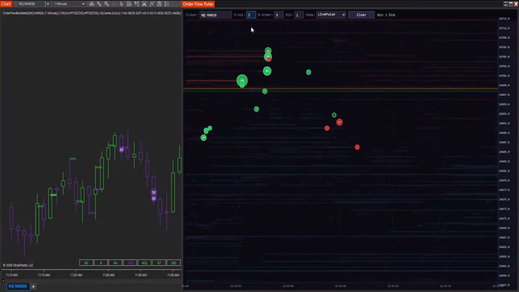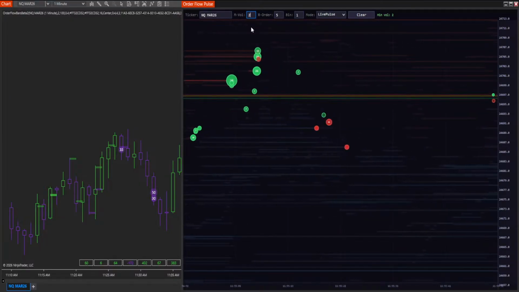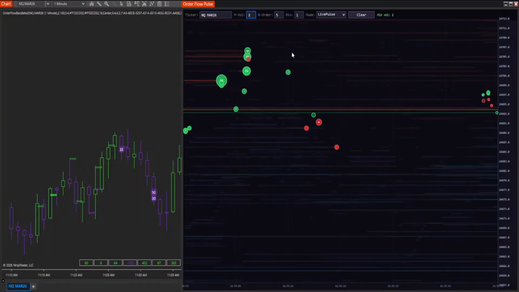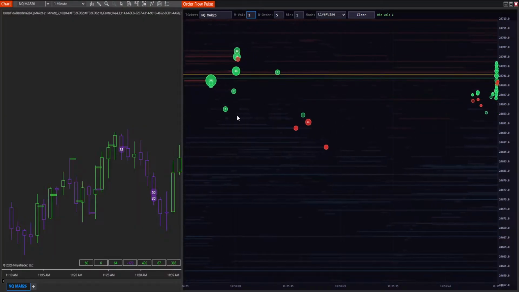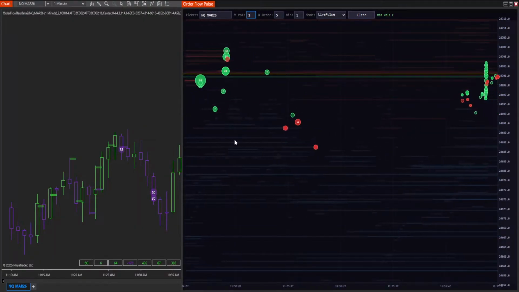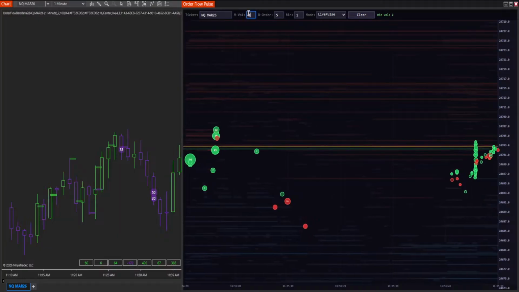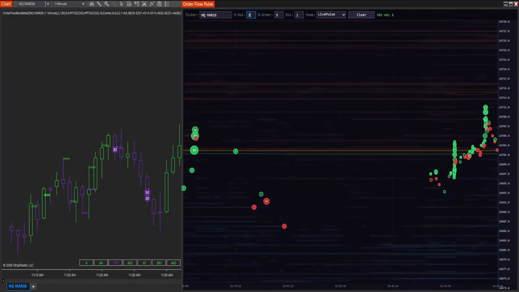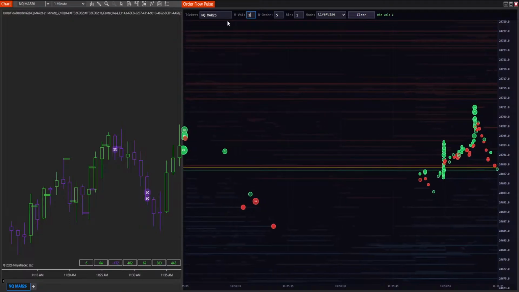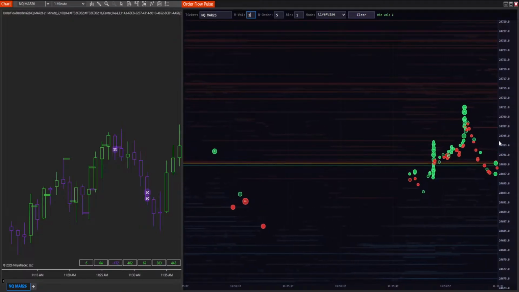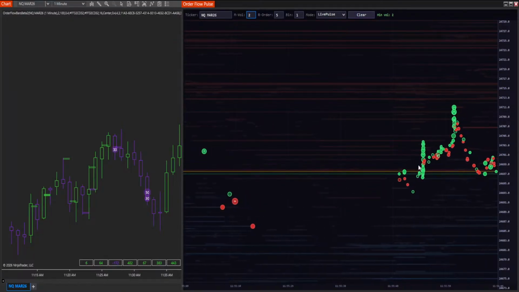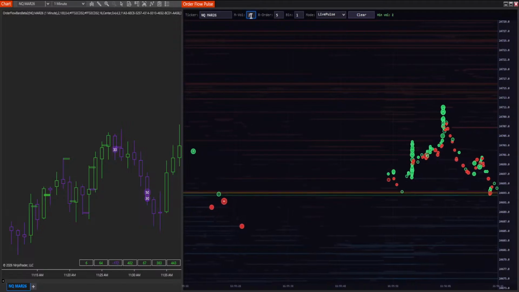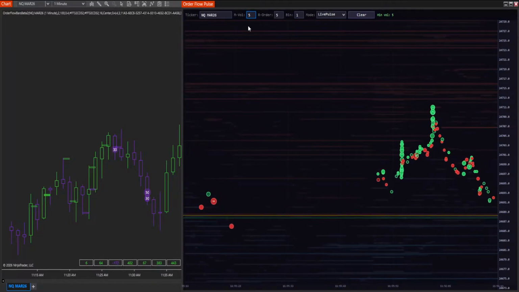Now, my long-term goal, we're not seeing very much minimum volume. We're going into 11:55, so I'm going to go to 2, minimum volume of 2 per bubble. When you're in the morning hours from like 9:30 to 11, you could probably do that to 5 for the NQ. Once you start getting into lunch hour, you kind of want to lower the minimum volume for the bubbles to appear. If you do 5, you're not going to see very much.